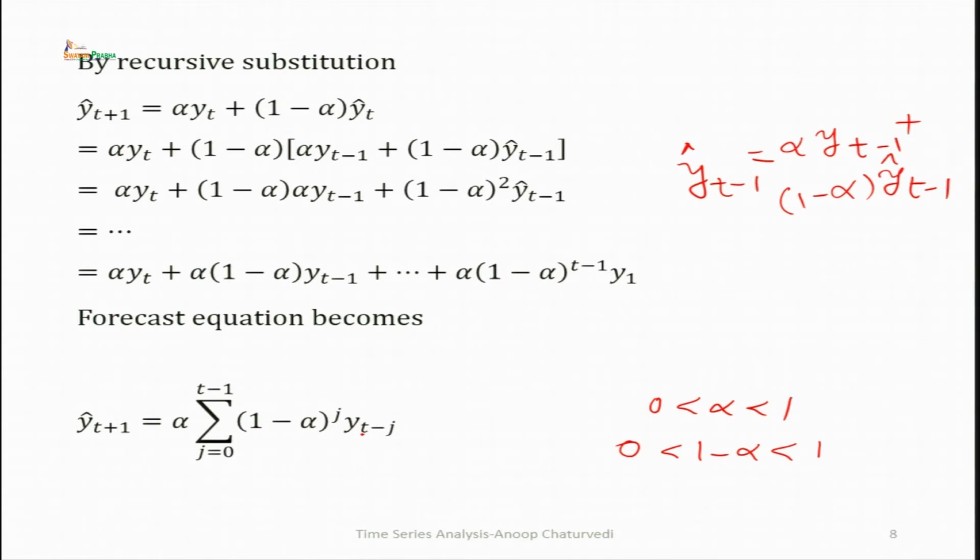So, the most recent observation, for j equal to 0, gets the maximum weightage in this forecasted value, and that means if you take j equal to t minus 1, the first value y 1 gets weight 1 minus alpha to the power t minus 1, the minimum weightage.